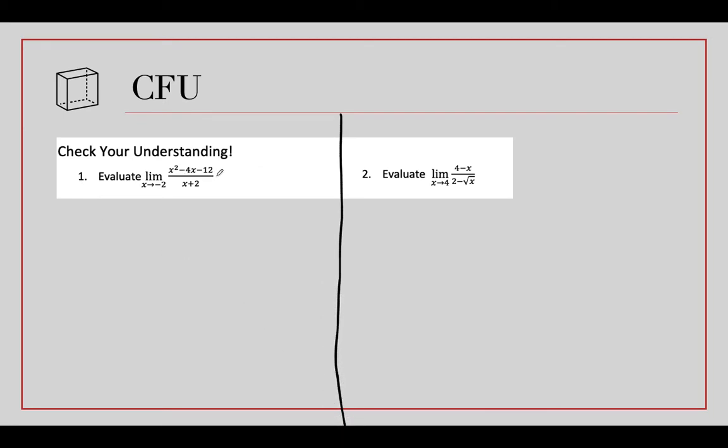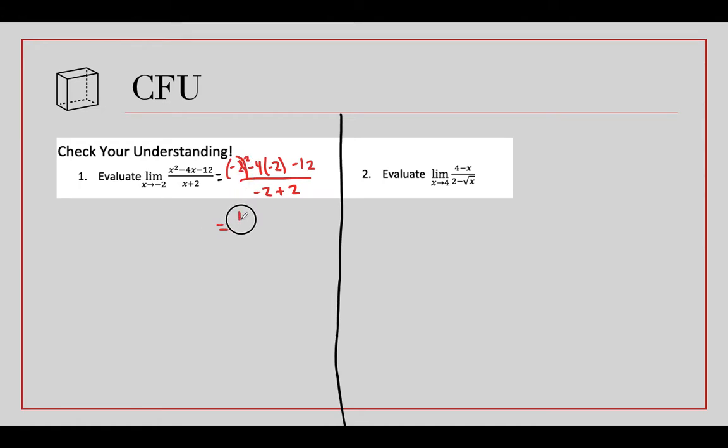Okay, so this first one, let's see what happens when I plug in -2. If I plug in -2, I get (-2) squared minus 4 times -2 minus 12 all over -2 plus 2. I like putting parentheses so that I remember I'm squaring -2, not just 2.